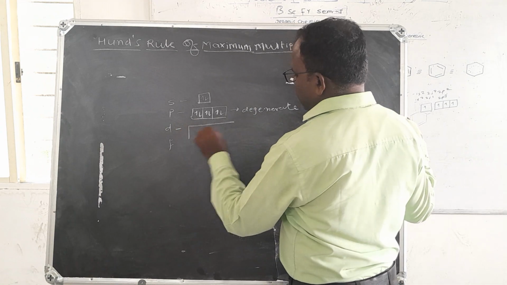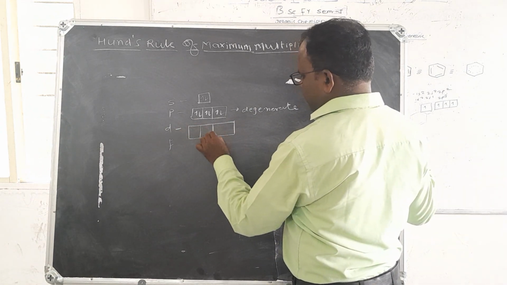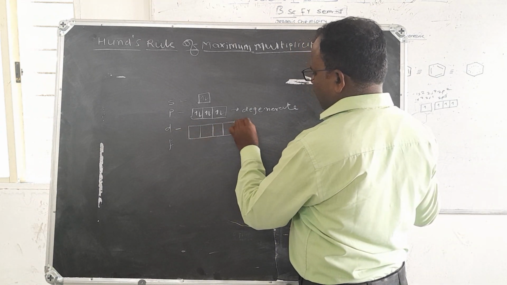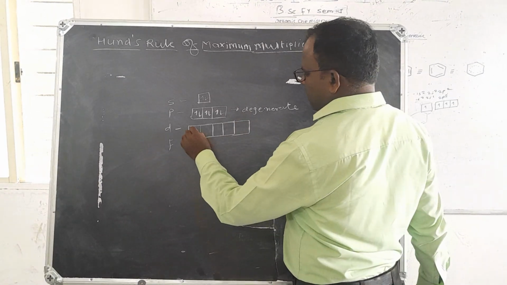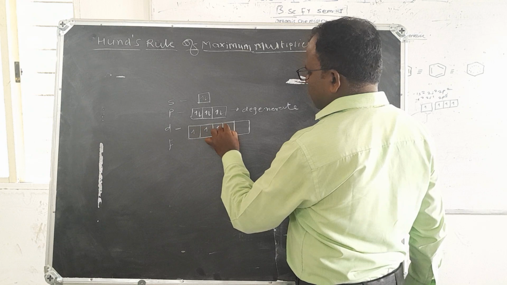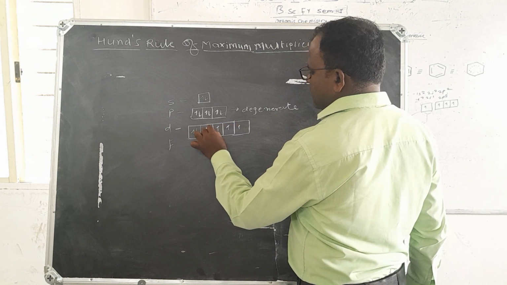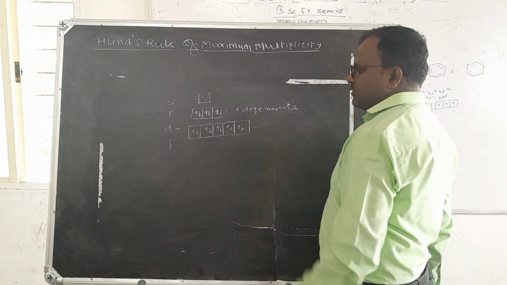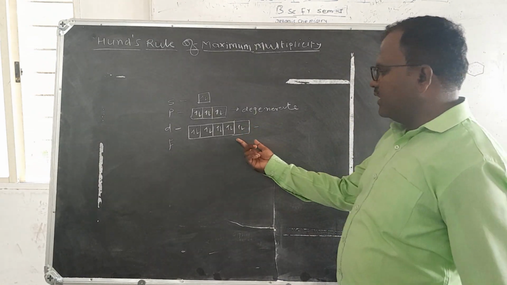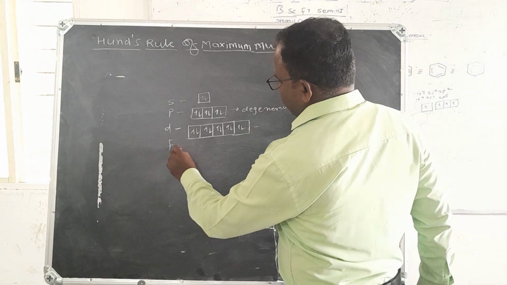Then in the d subshell, 5 orbitals are present, and 10 electrons. This is also a degenerate set, with equal energy levels.